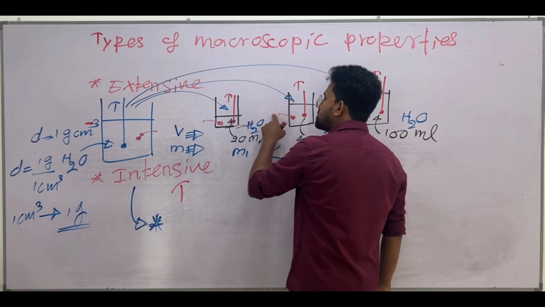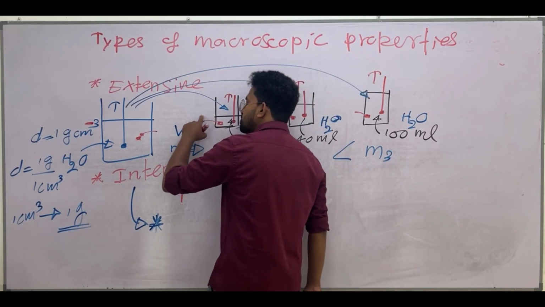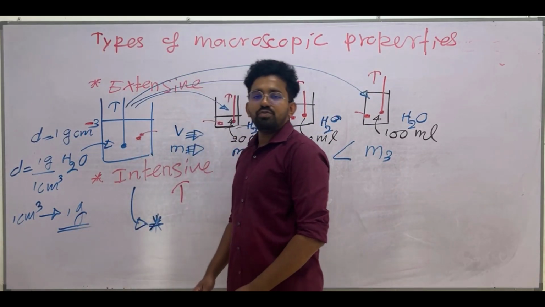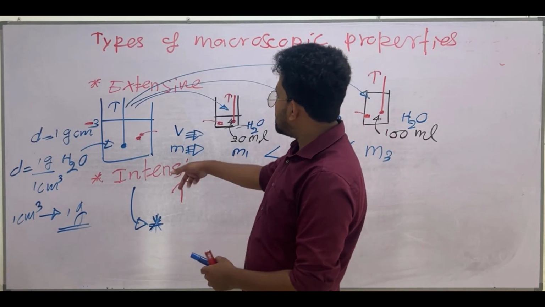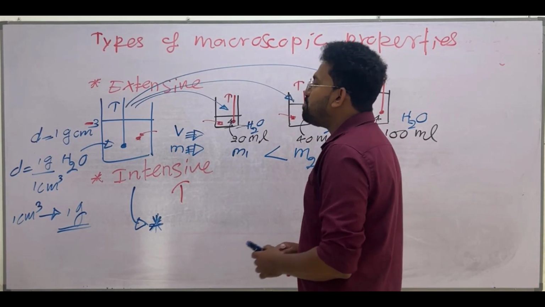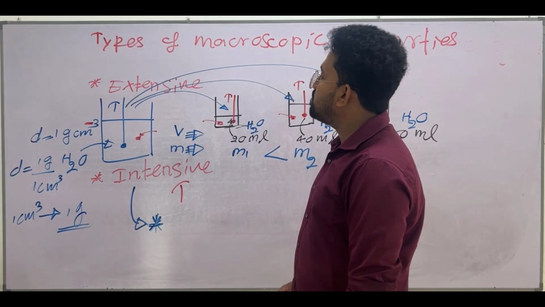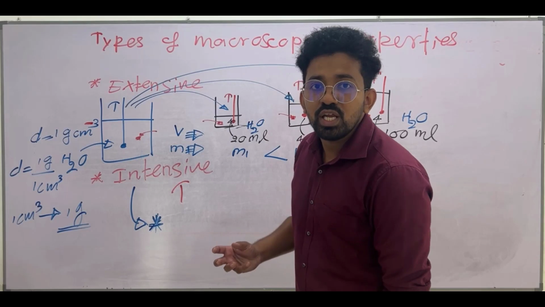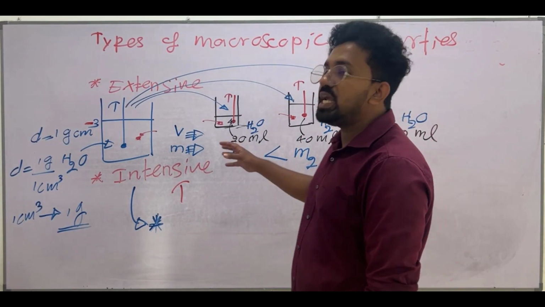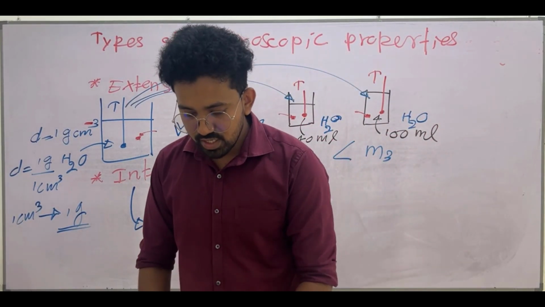Therefore density becomes an intensive property. So some properties we define per unit volume or per unit become intensive properties. That is what it says, right?